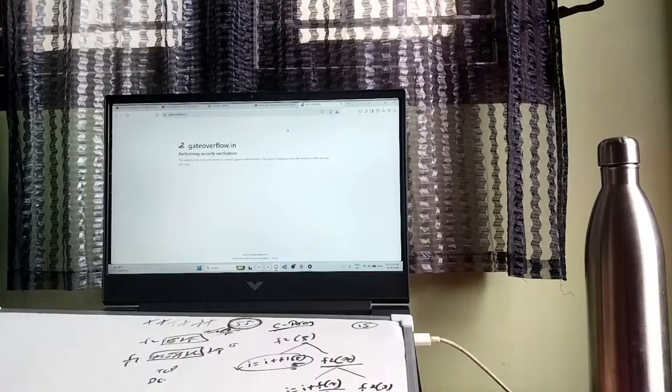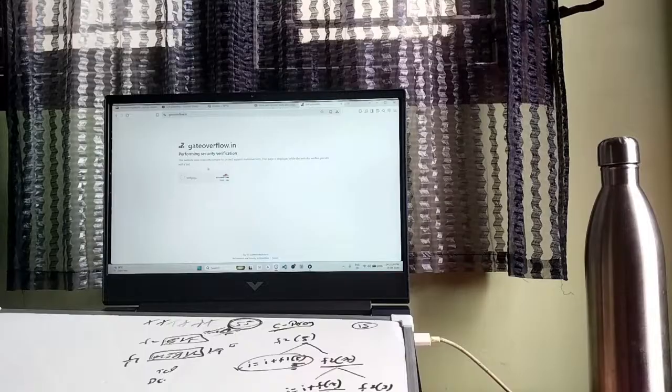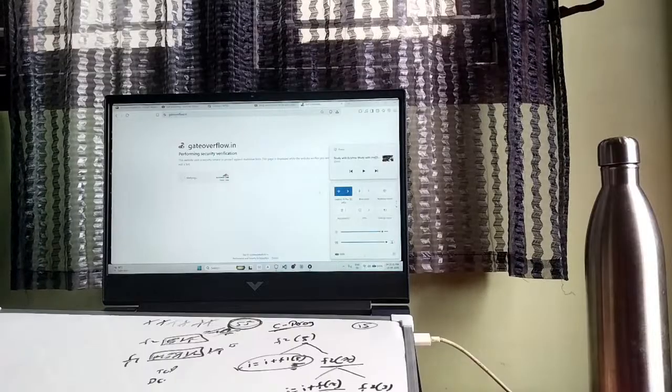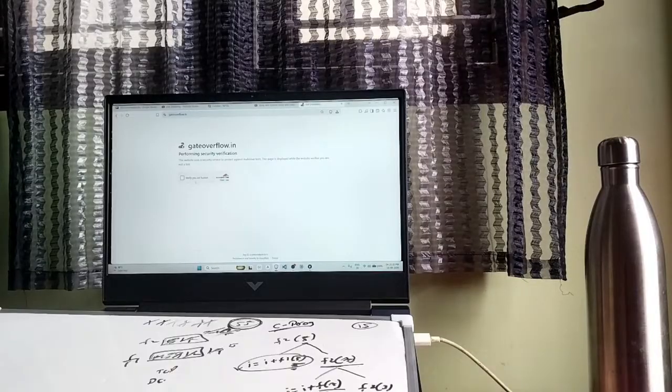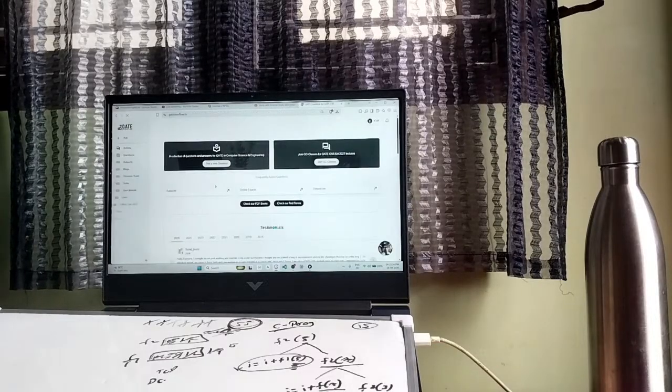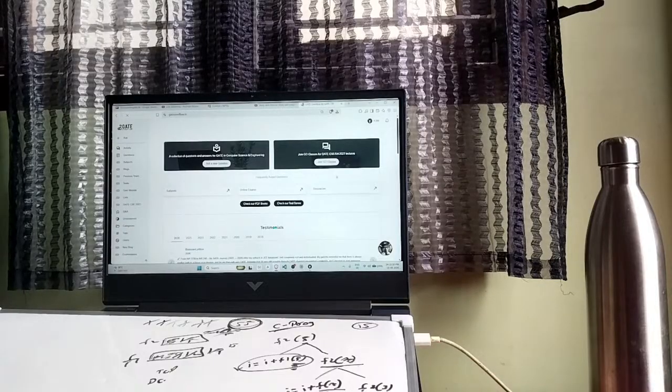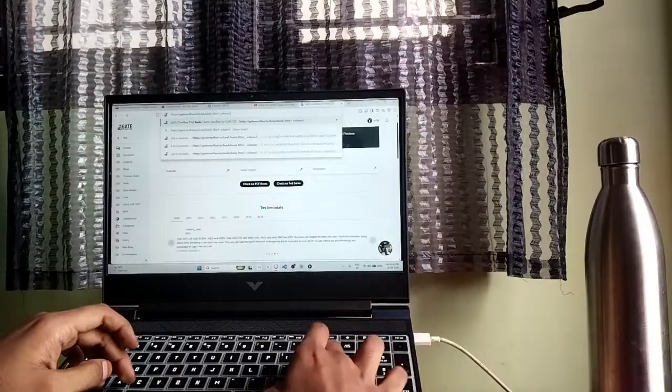Why does this take so much time? I remember the shortcut: URL slash books filter. That's it.